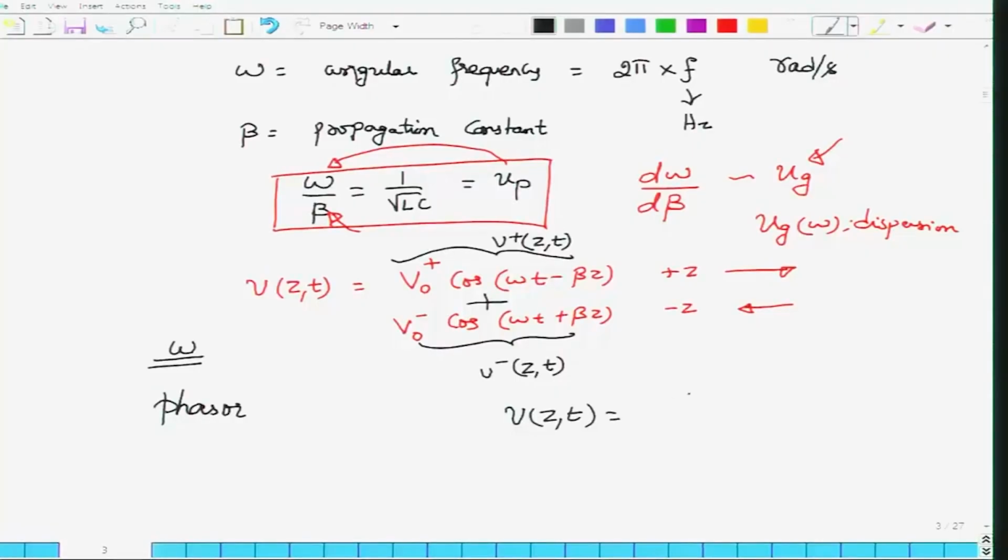Okay. In terms of a complex exponential, I can write my voltage V of z,t as the real part of V0 plus e to the power j(omega t minus beta z), assuming that I consider only a wave propagating along the plus z axis. This is true because if you go back to the expression V of z,t here, you see that this expression would be the same, because for e to the power jx, the real part is cos x.